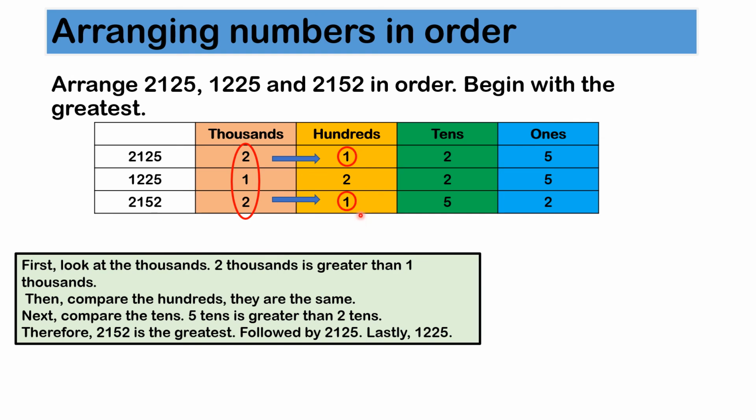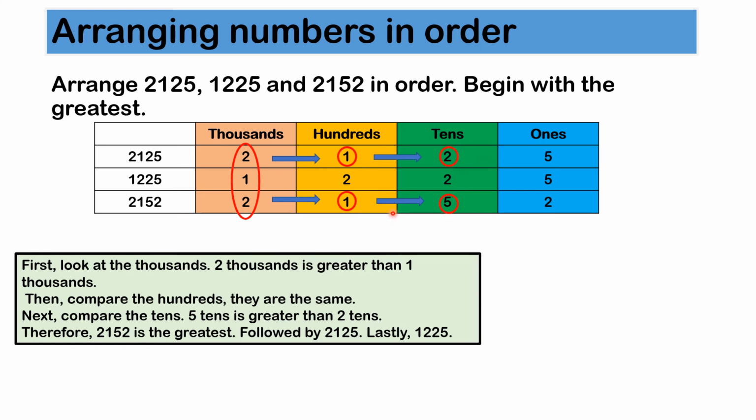So let's have a look at the hundreds. We have the same hundreds. So now we move to comparing the tens. Now we have different tens, where we have 2 tens here and 5 tens here, where 5 tens is greater than 2 tens.